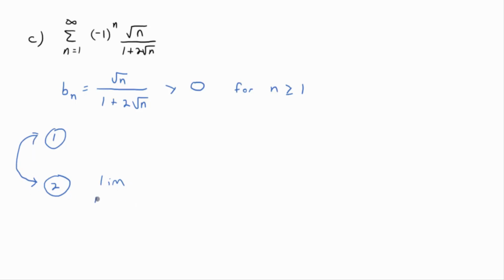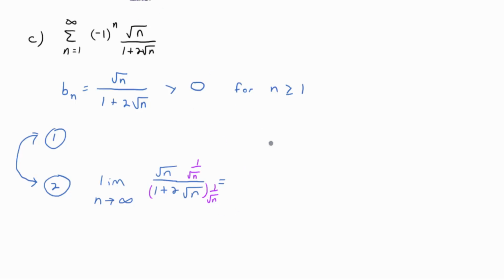What does the limit as n goes to infinity of the square root of n over 1 plus 2 root n equal? Yeah. If you want to prove that, you could resort to L'Hopital's rule, but it's actually pretty quick to go 1 over square root of n, 1 over square root of n, like that.